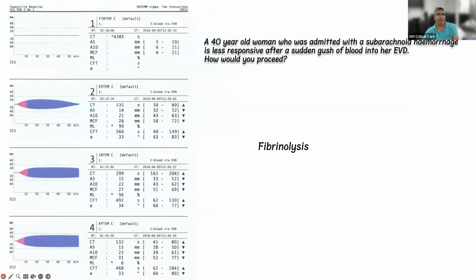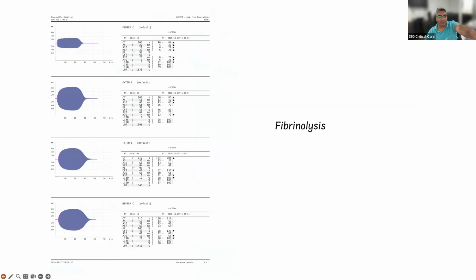I'll show you. This one is fibrinolysis. As you can see, a flat line in the A15, so you don't have to have anything there. Even if there is no number, you can see this is fibrinolysis or fibrin deficiency. This is again late fibrinolysis. You can see this type of picture. This is late fibrinolysis.